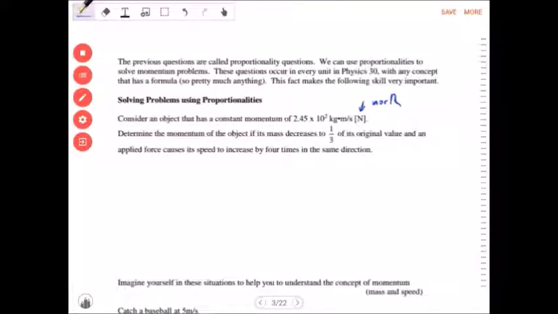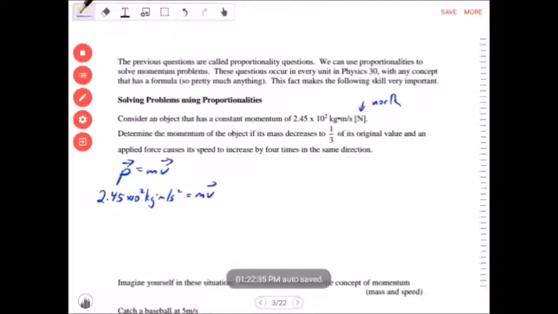Here's how I'm going to teach you to do this. Write the original formula first. P equals mv. Our old momentum P is 2.45 times 10 squared, which is really just 245. If our sig digs work, we don't actually have to use scientific notation, but that's okay.